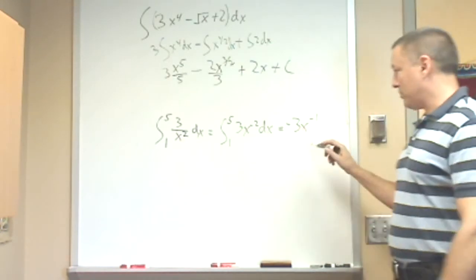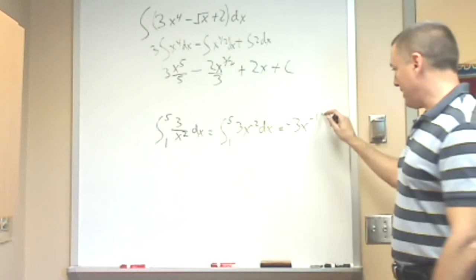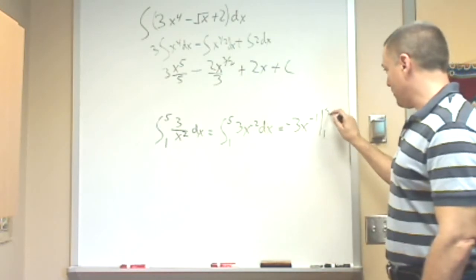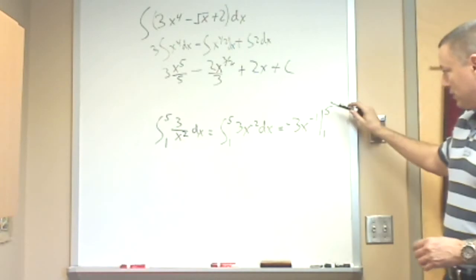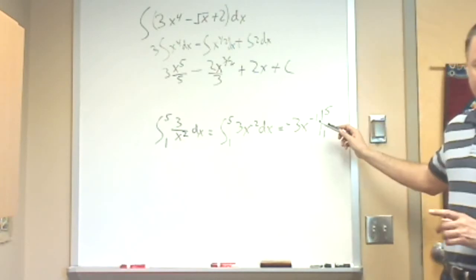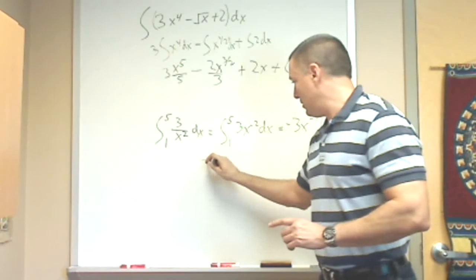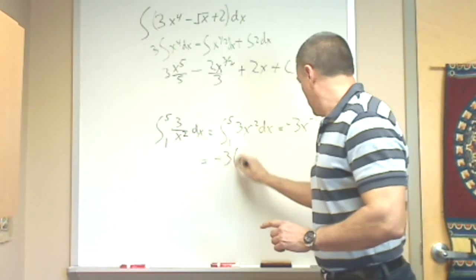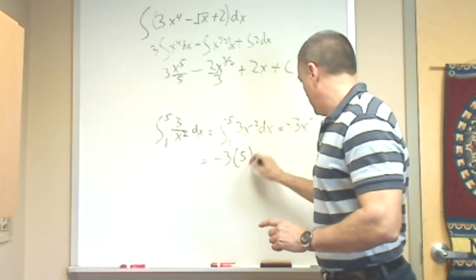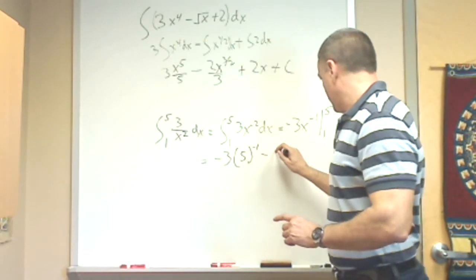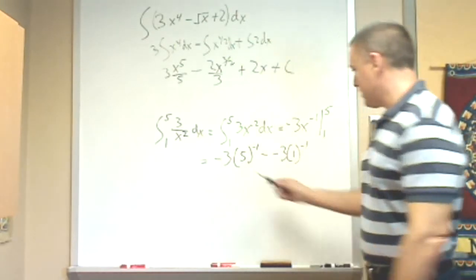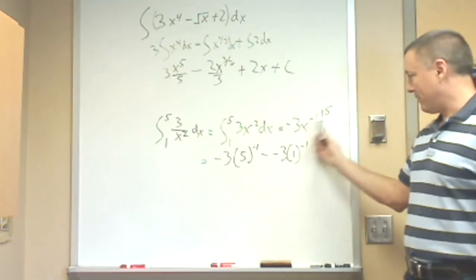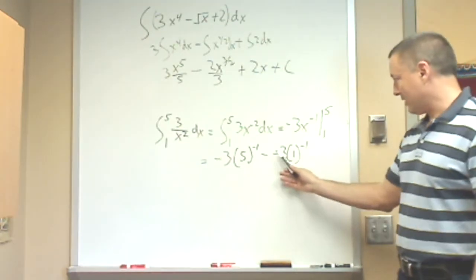And we write this in a particular way. This is the antiderivative of that, but we're going to evaluate it from 1 to 5. And this notation here means I'm evaluating this function from a low value of 1 to a high value of 5. So what we're going to do is take our function and plug in 5, the high value, and then subtract the same function at 1.